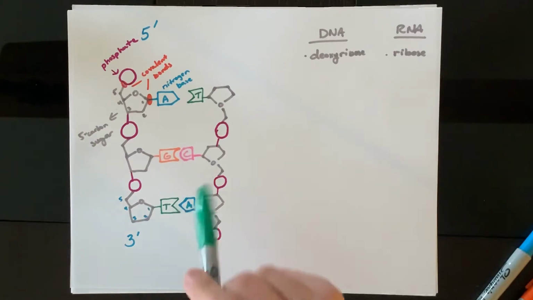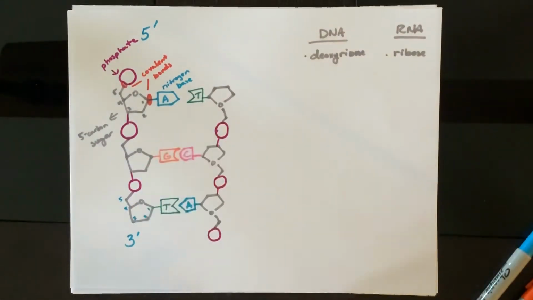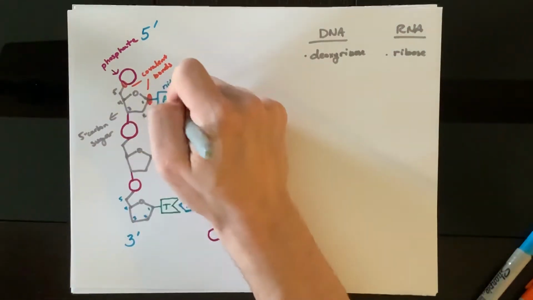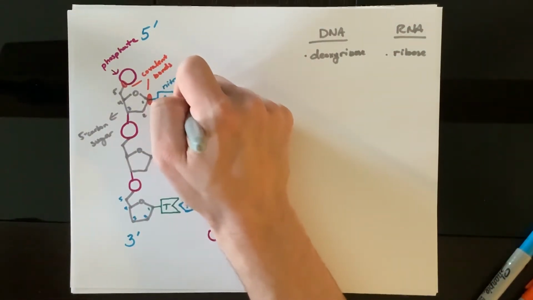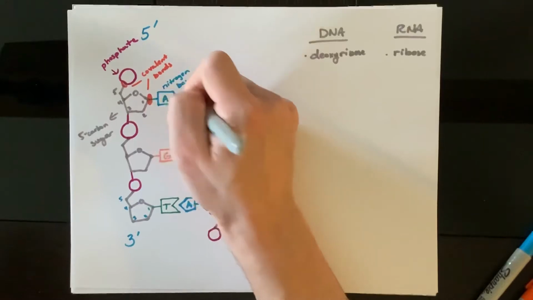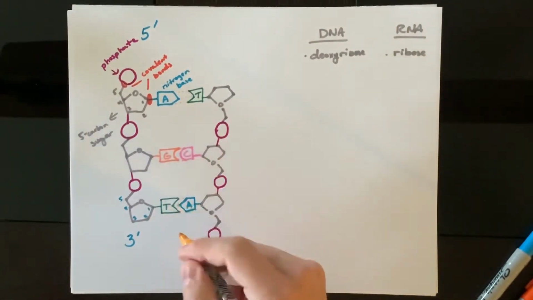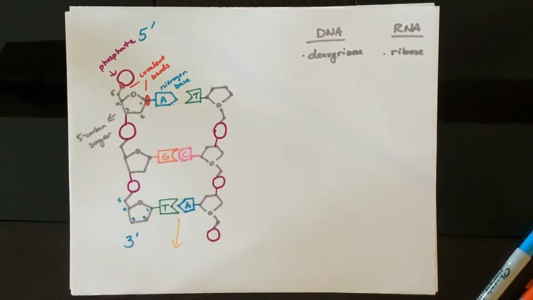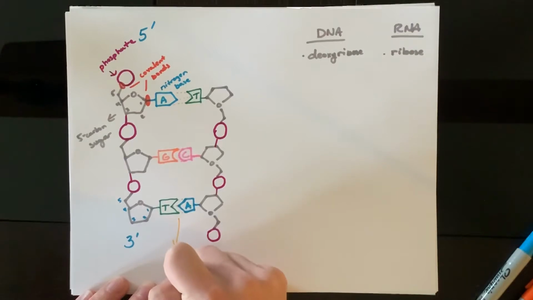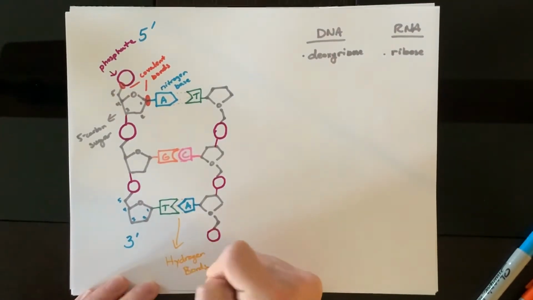Now, we haven't talked about how these are bonded together yet. So if we were to bond them, all right? Just make some little bonds in here, okay? These bonds right here in the middle, holding our nitrogen bases together, these are hydrogen bonds, okay?